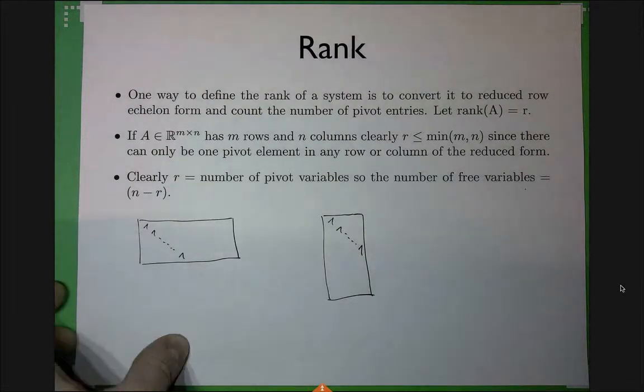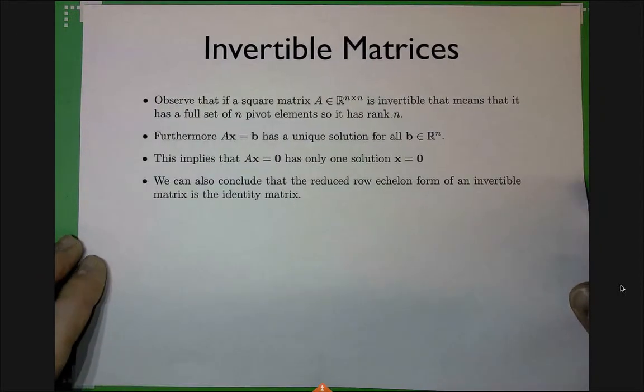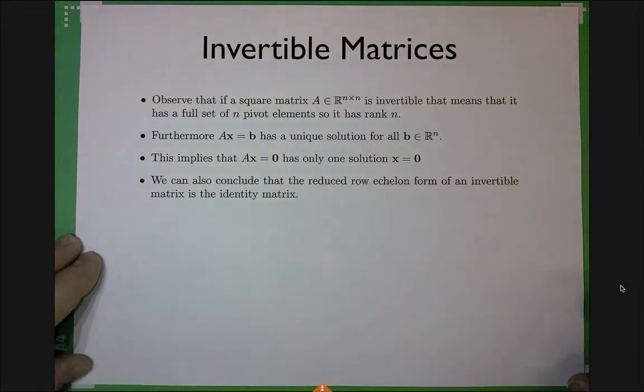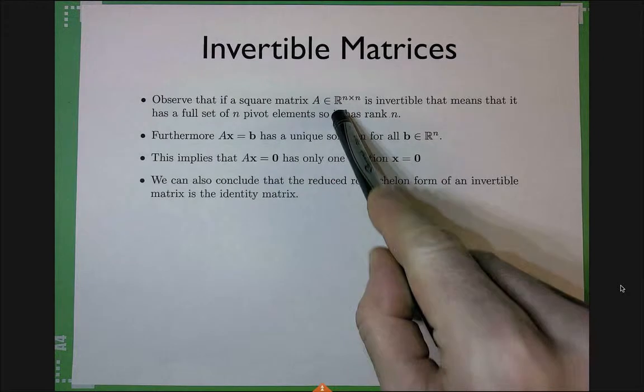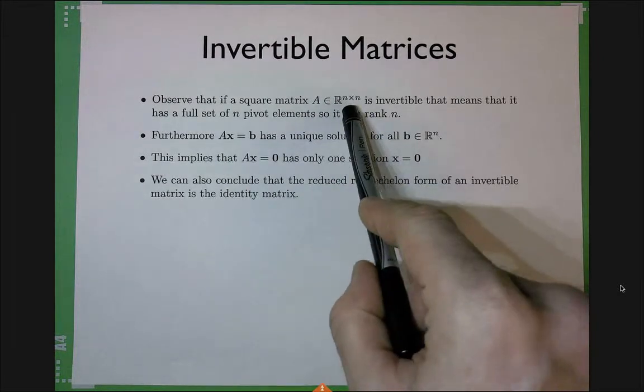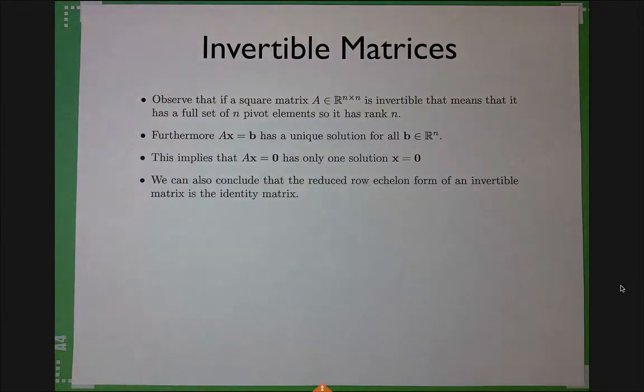The rank is closely connected to the notion of an inverse matrix. And here is how we can tell if a matrix actually is invertible. First of all, we talk about invertible matrices only in the case of a square matrix, right? We don't define invertible rectangular matrices.